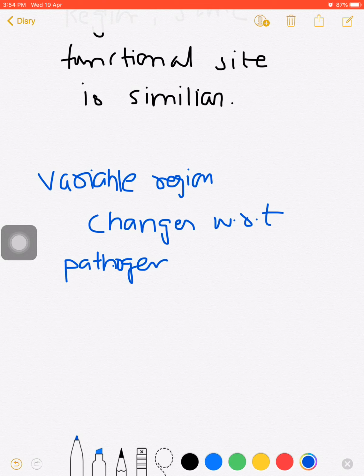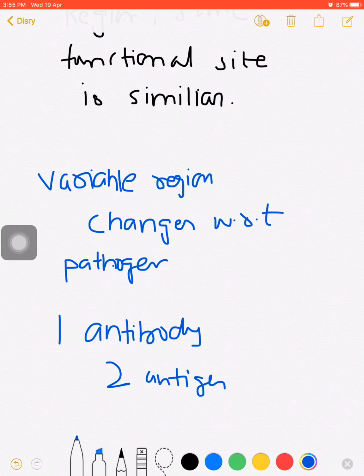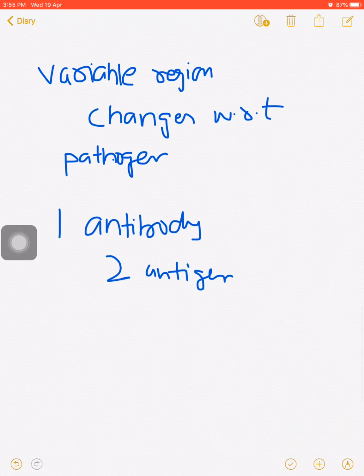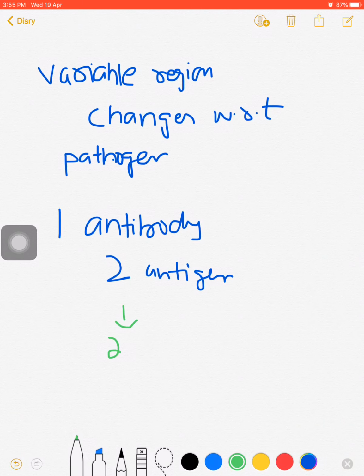For different pathogens, there is a different amino acid sequence. In one antibody, two antigens can attach, because there are two binding sites. But the two antigens must be of one type, complementary to the binding site. The variable site changes with respect to the pathogen because the amino acid sequence is complementary to the antigen, right?